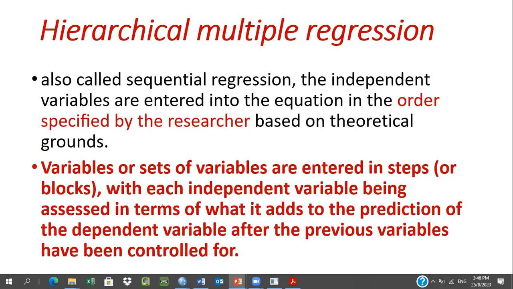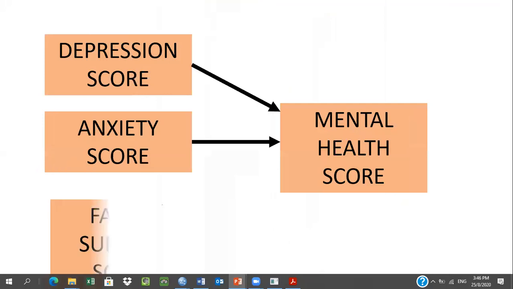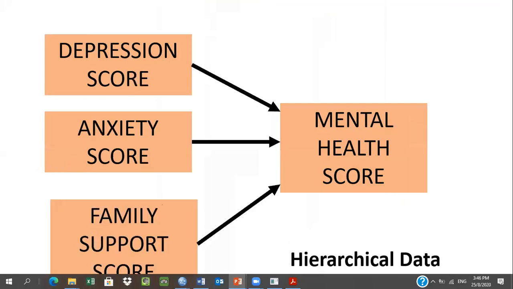You hold the variable and let only the new variable move, meaning change. That is called hierarchical multiple regression. Let's say I want to see what the depression score does, so I hold the anxiety and family. Hold doesn't mean keep it outside. Keep it inside the model, but hold it by putting it in different layers. Okay.